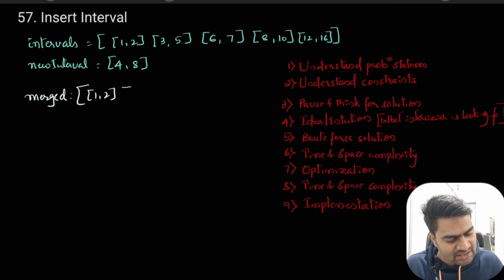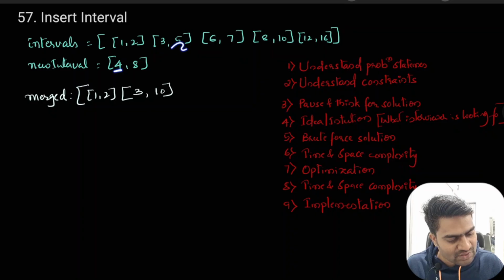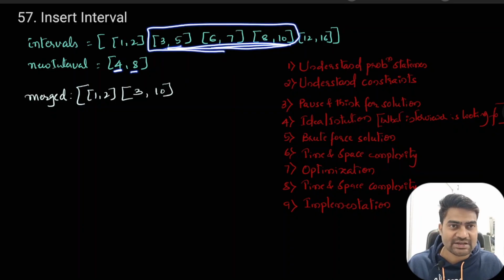Then the next interval will be 3, 10. Why? Because after inserting this, it will overlap here, then this value will overlap here. So all three values get merged.